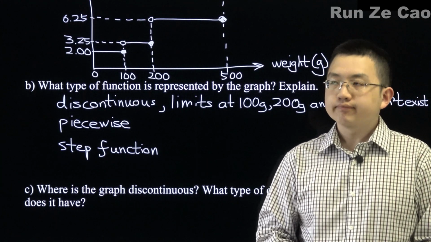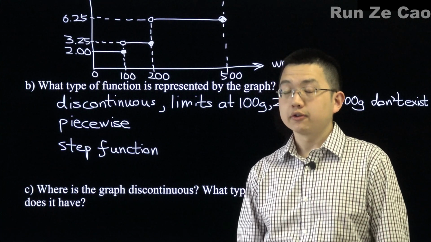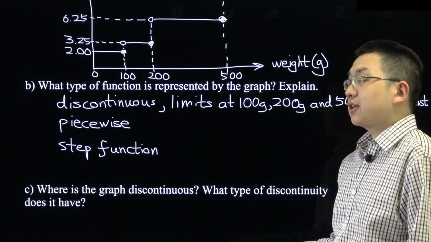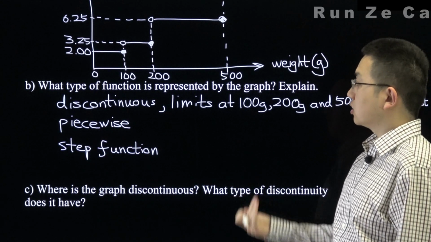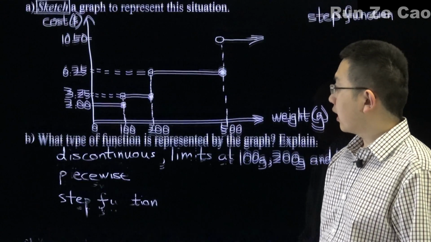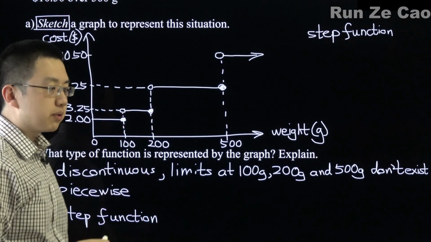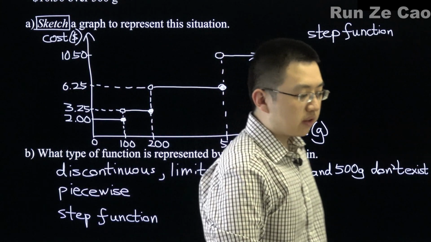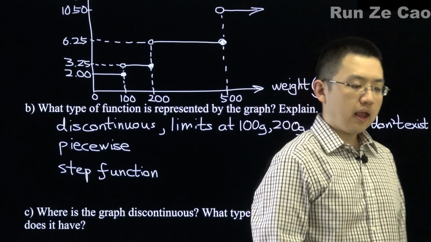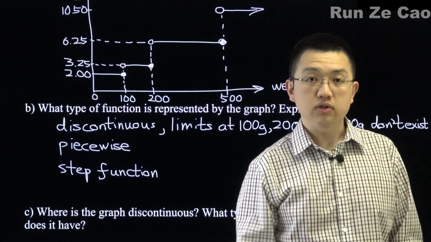Or we could describe one of these other descriptors. So piecewise. Well, over different domains, we define this function differently. It's a step function because we have a number of different constants that are used in piecewise fashion. So a step function is a special form of piecewise function where every single piece is flat. So it's a constant function.